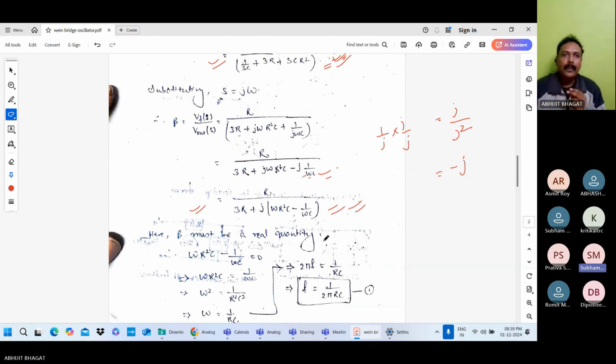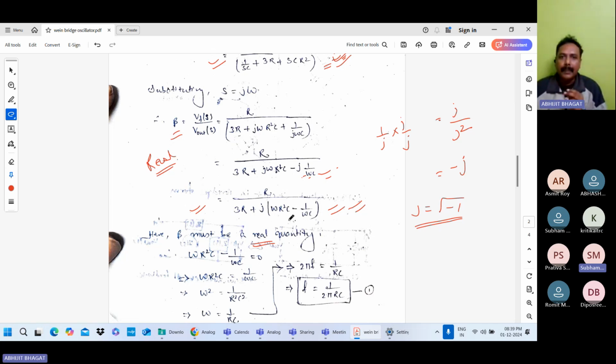Next, this beta is a real quantity. So beta is real means, this j is a complex quantity, j equal to under root minus 1. That means it is a complex quantity. So if this beta is real, then whatever complex values are there in the expression, this complex value is equal to 0 for making the beta real.